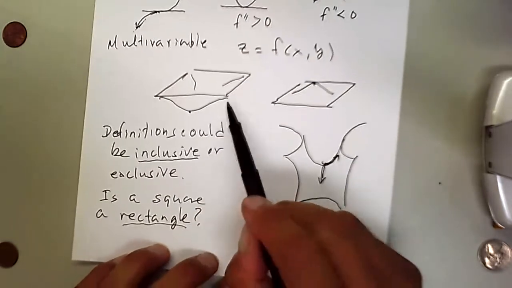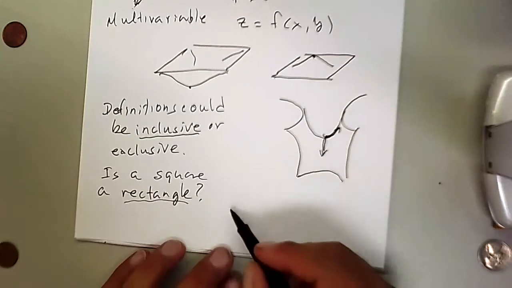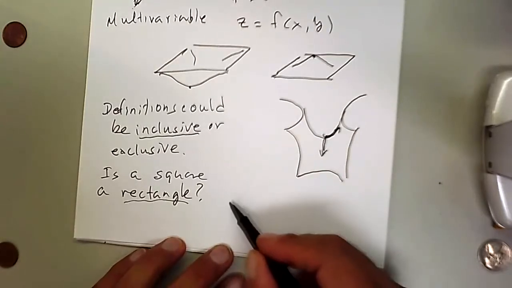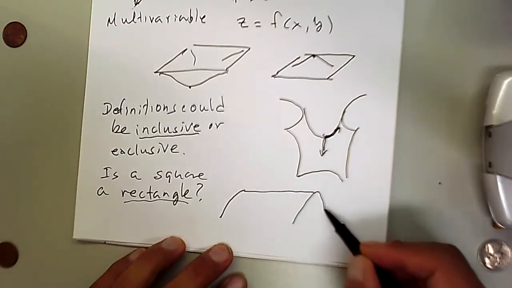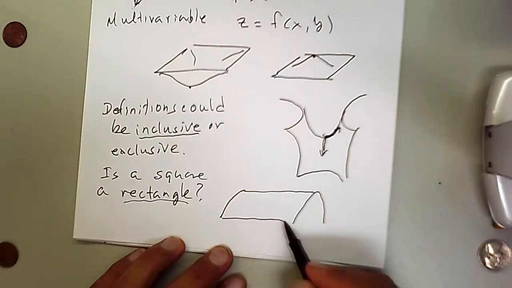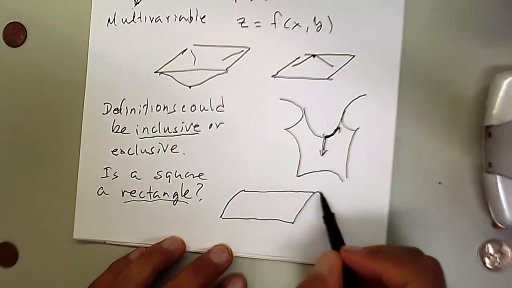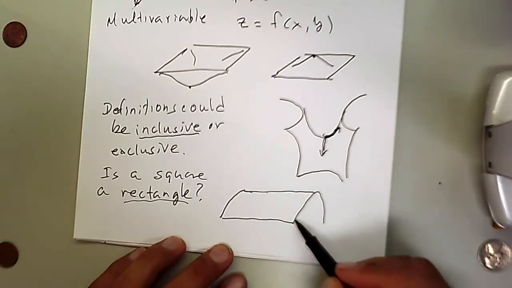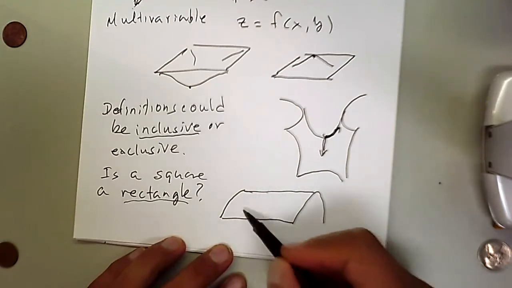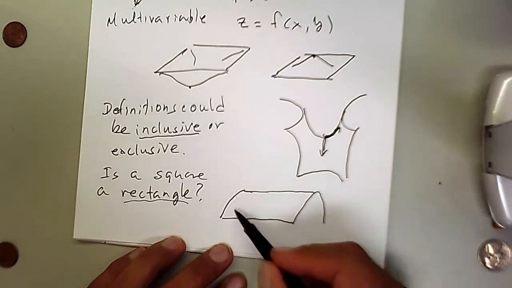But it's something that we have to be aware of. If you have a sort of a cylinder, like this, a sheet. Does this happen where this line is totally horizontal? Those are parabolas, a bunch of parabolas going down, and this is a sheet.